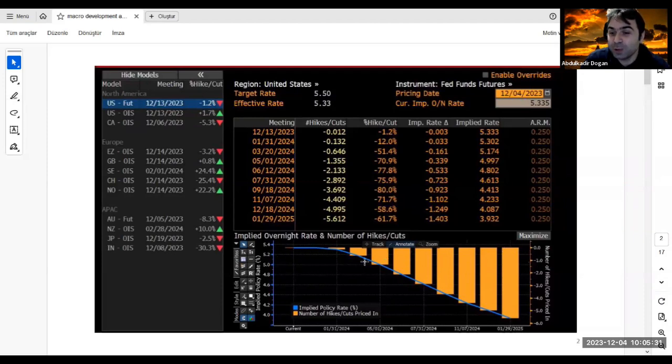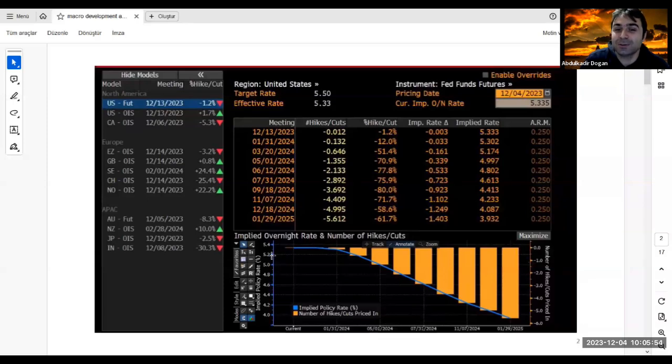This blue line shows the implied rate, and these yellow bars show the number of rate cuts and rate hikes. So at the left-hand side, you can see the current implied rate of the Federal Reserve, the cost of funding today.